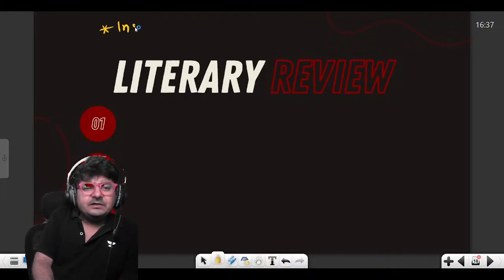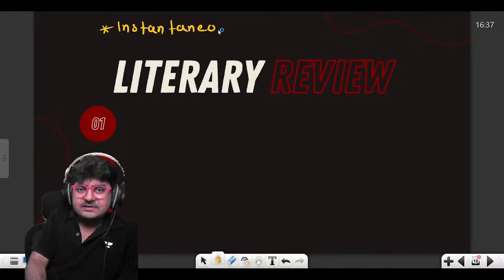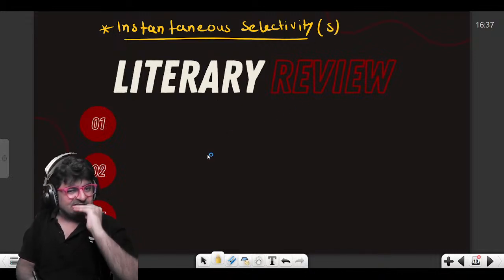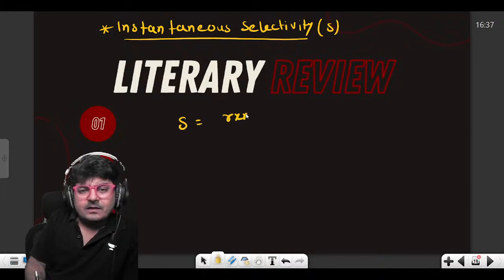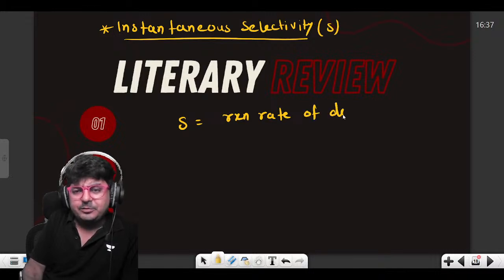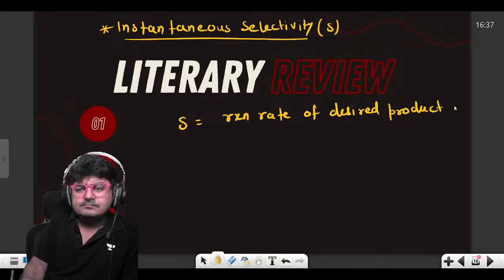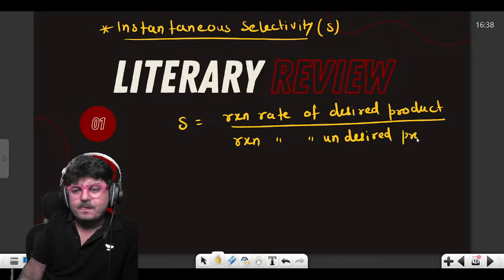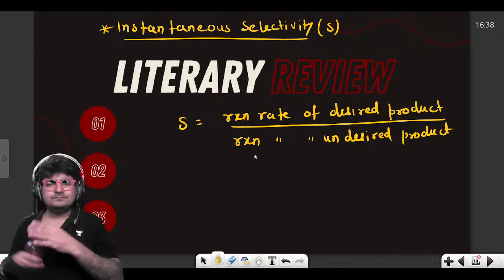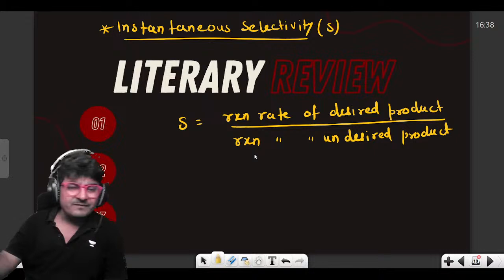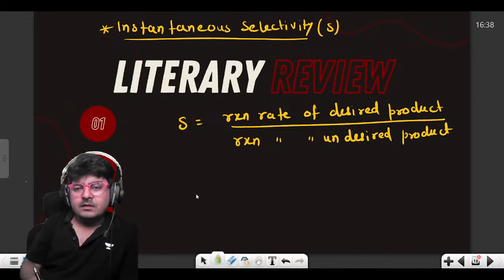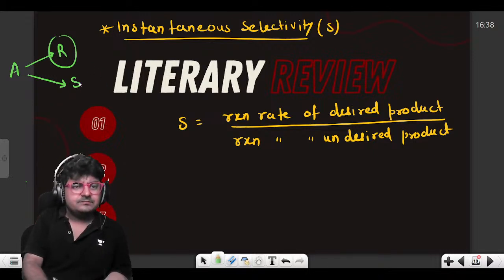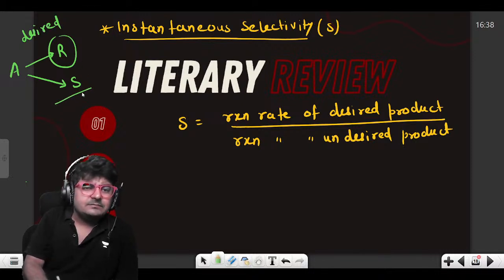You know that instantaneous selectivity, sometimes also known as fractional selectivity, is defined as the reaction rate, or you can say rate of reaction of desired product to the reaction rate of undesired product. तो यहाँ पे सपोज हमारी रिएक्शन है A gives R, A gives S, R is the desired product and S is the undesired product.